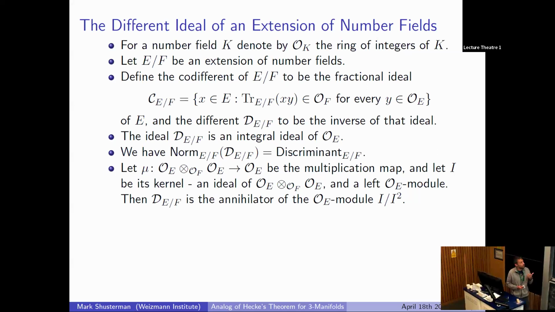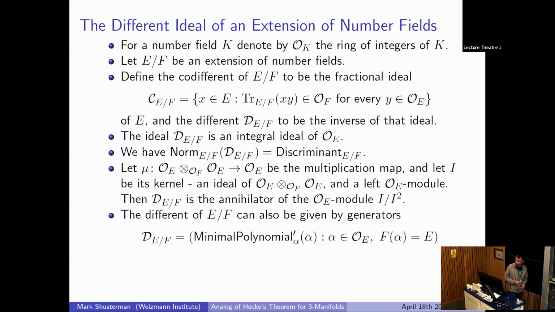It turns out that this is an ideal, and also a module for OE, and you include OE into, say, the left part, and then you do 1 on the other tensor factor, and inclusion gives you a structure of an OE module, and then the square of this ideal inside this algebra is also an OE module. The quotient of this is also an OE module, and the annihilator of that is another equivalent definition for the difference of an extension.